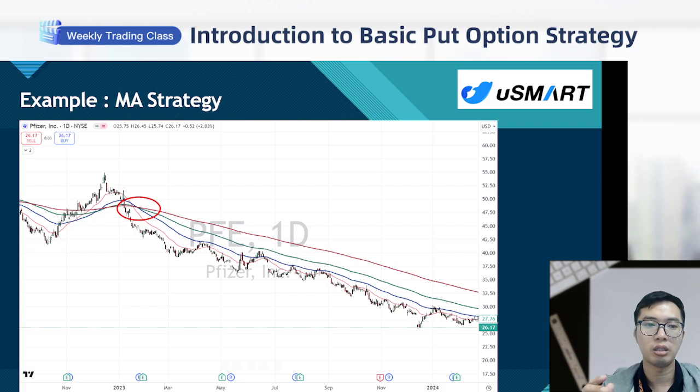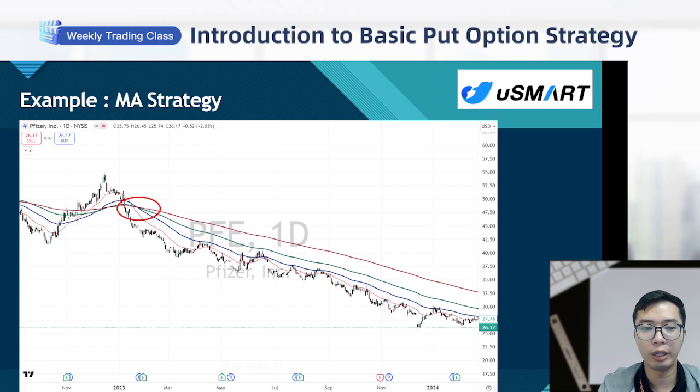Alright, so here I use MA strategies to find a downtrend stock. What is MA? MA is a moving average strategy. You can find it in the trading chart indicators by typing moving average.